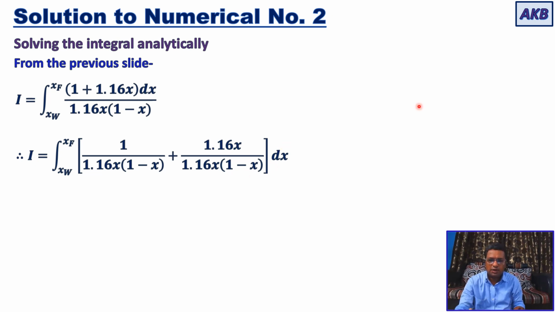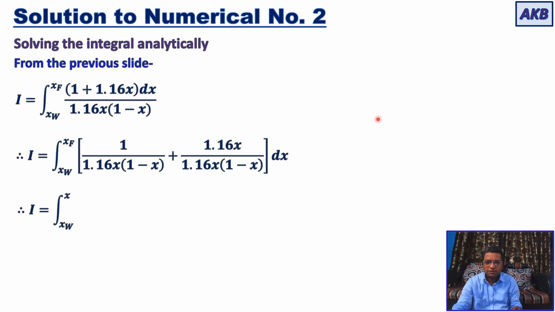Okay, so I have used one approach to get the analytical solution. You can simplify this in some other way, there is not a problem. The basic idea is why we have replaced in terms of x, and then we are solving the integral analytically.